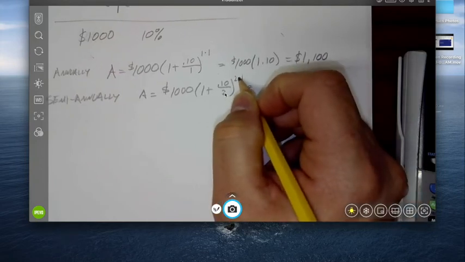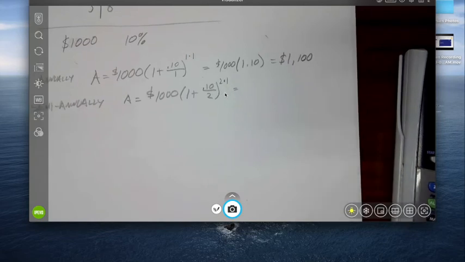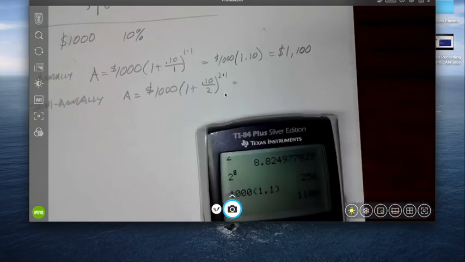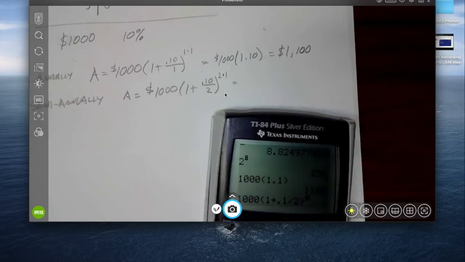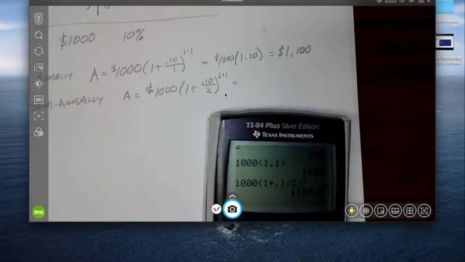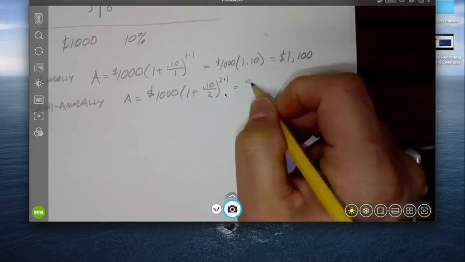Be careful not to write that as 2.1. It's 2 times 1. I'm trying to illustrate the multiplication. So this time, let's do 1,000, 1 plus 0.1 over 2, raise that to the second power, $1,102.50.